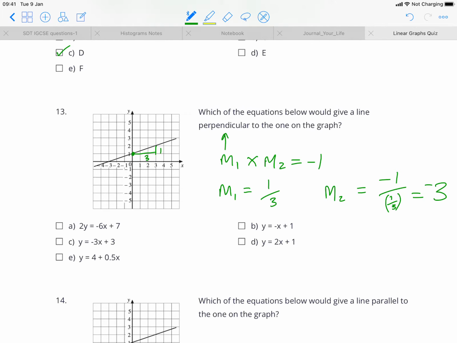So we're looking for any line with a gradient of negative 3. First, C has a gradient of negative 3. This one doesn't, this one doesn't, and this one doesn't. If we take this one here, 2y, we can divide by 2 throughout, and we can see that the gradient, again, is negative 3. So A is also a solution.